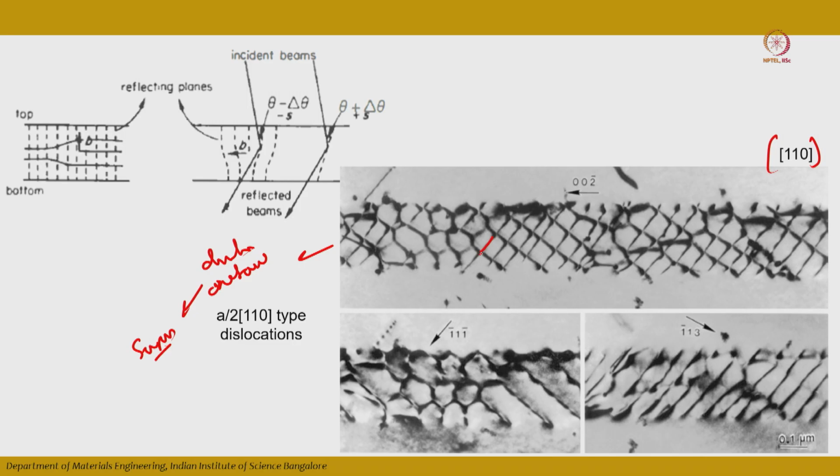The dislocation segments are divided into these four segments, which have Burgers vectors in different directions. Based on the G condition, this image is taken in 002 bar, where all the dislocations are visible. In the 1 bar 1 bar 1 3 condition, most of these dislocations are invisible, and in this other condition the remaining dislocations are invisible.